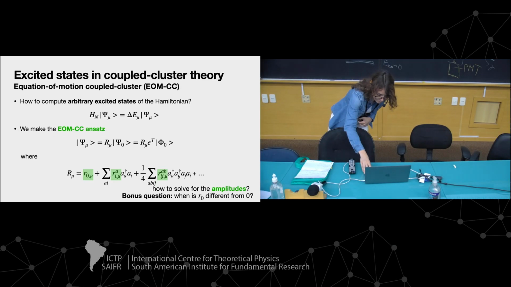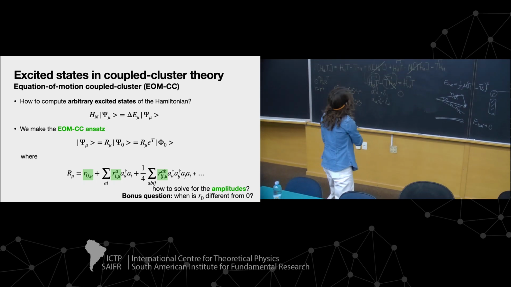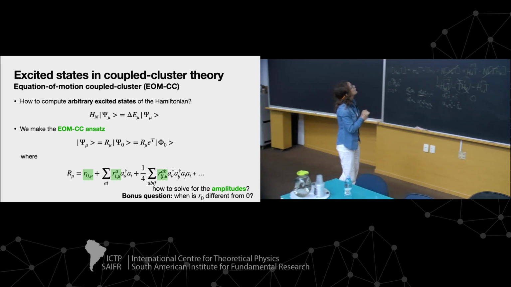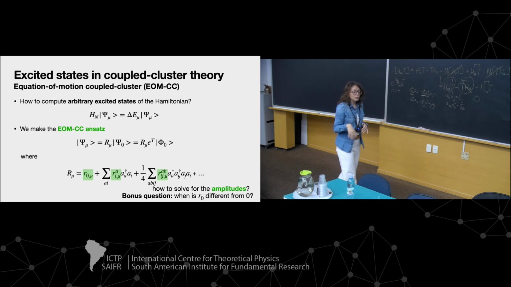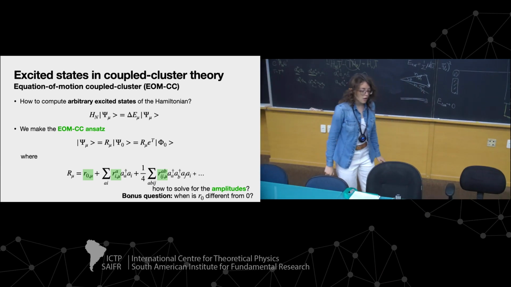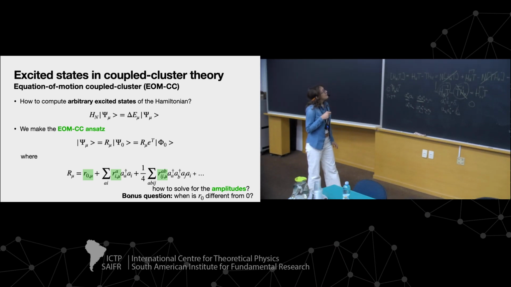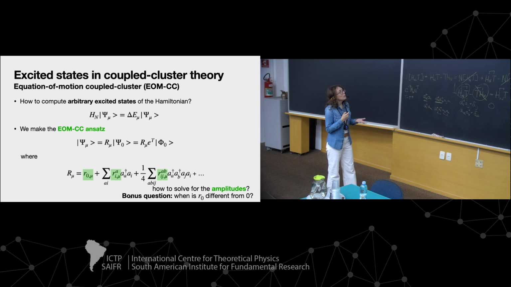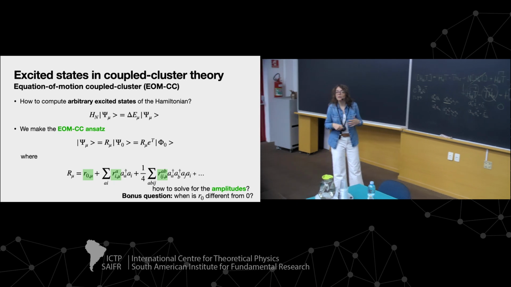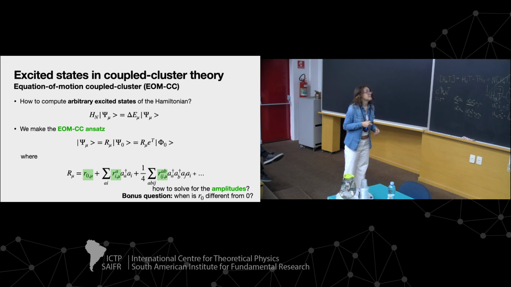Excited states. So how do we do excited states in coupled cluster theory? I showed you how to calculate the ground state, how to calculate excited states of the Hamiltonian. Here, we would like also to calculate arbitrary excited states of our system. And what we do here is to make an additional ansatz.